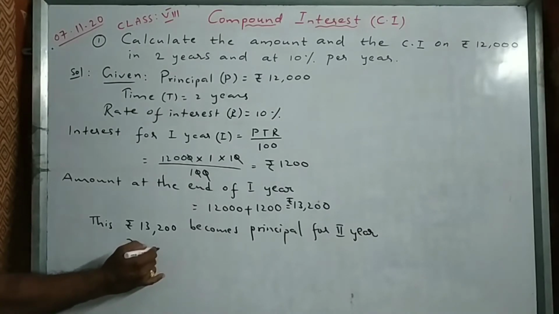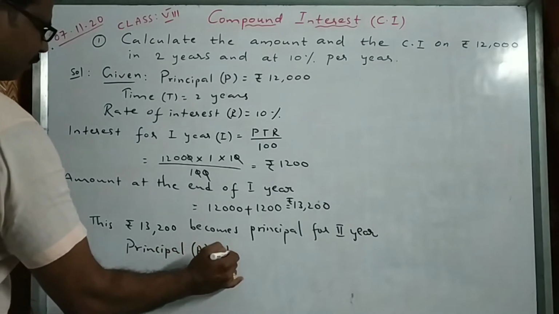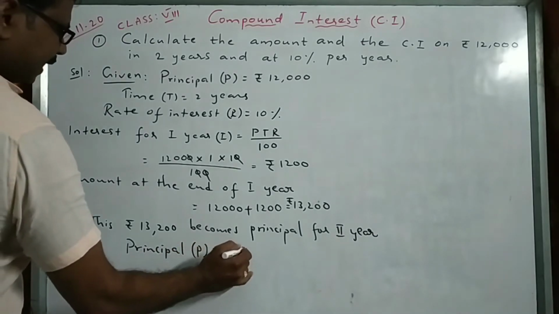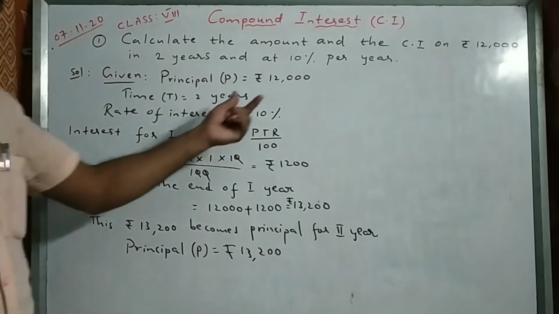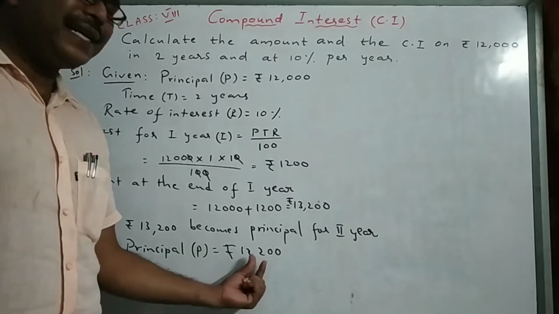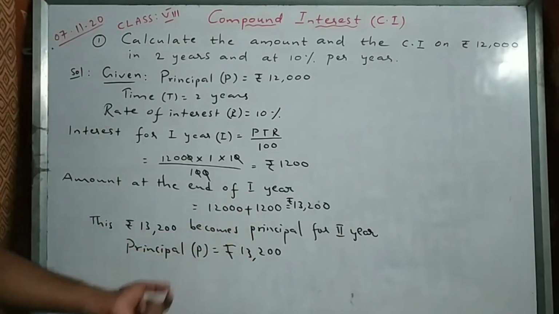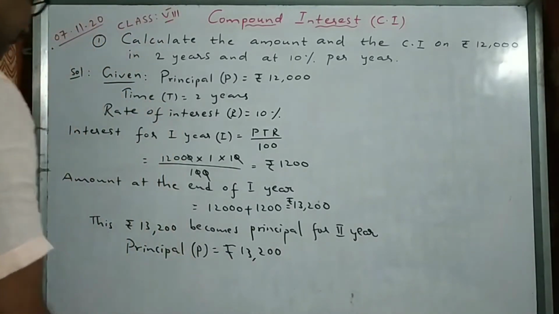Now I am going to find out the principal amount for the second year. It changed now. See, it increased. Previously it was 12,000. Now it becomes 13,200. Principal will be changing. That is the difference between simple interest and compound interest.